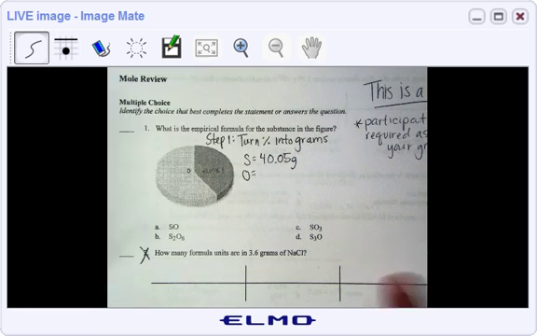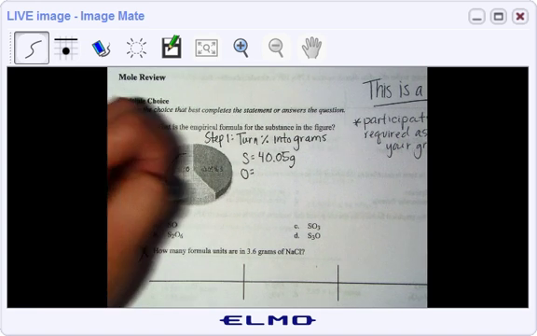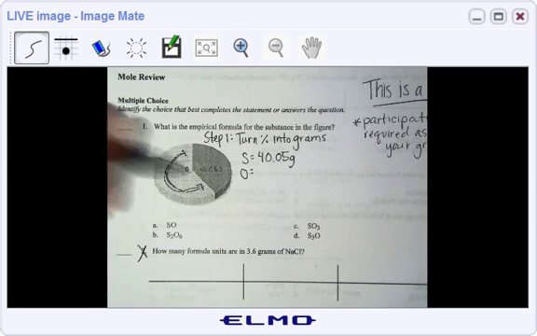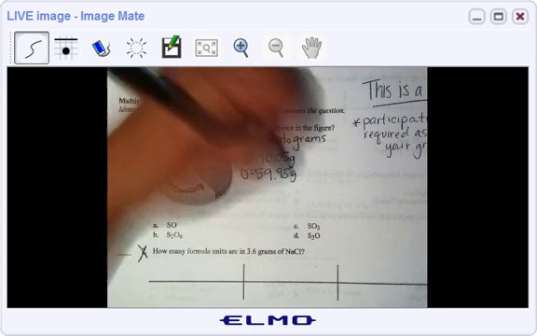How am I going to find out how much oxygen I have? You would just take 100 minus the 40.05, and that's the rest of the pie, okay? Because these have to total up to 100. So oxygen is 59.95 grams.